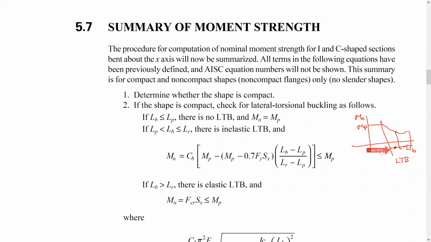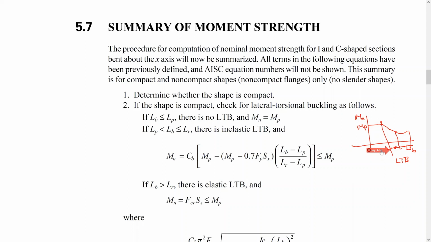Okay, and this is the moment equation we will use. I think all these parameters were defined in the last class. This accounts for non-uniform bending moment. This is plastic moment, yield stress, elastic section modulus, and we do have LP, LR, and all these values are there.